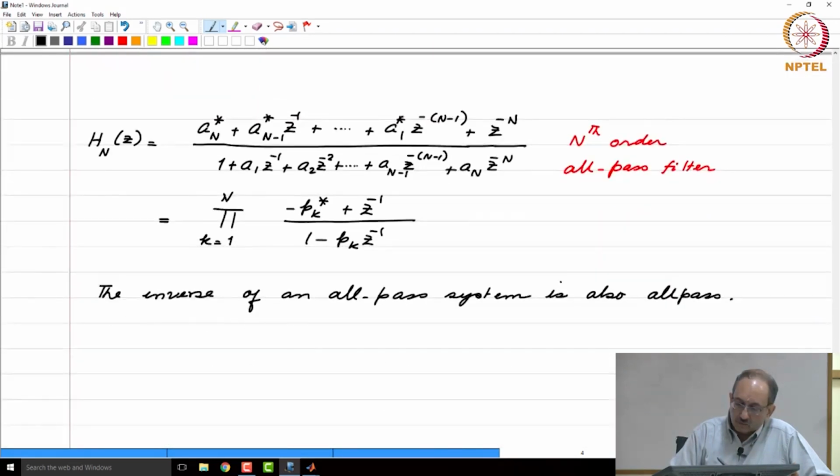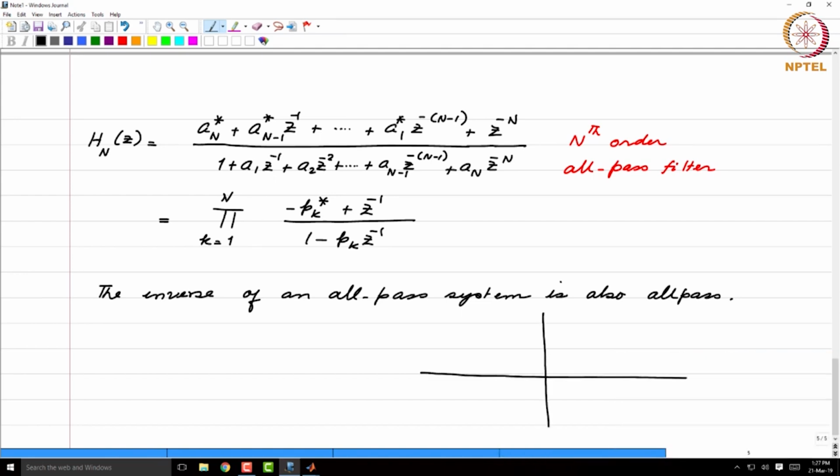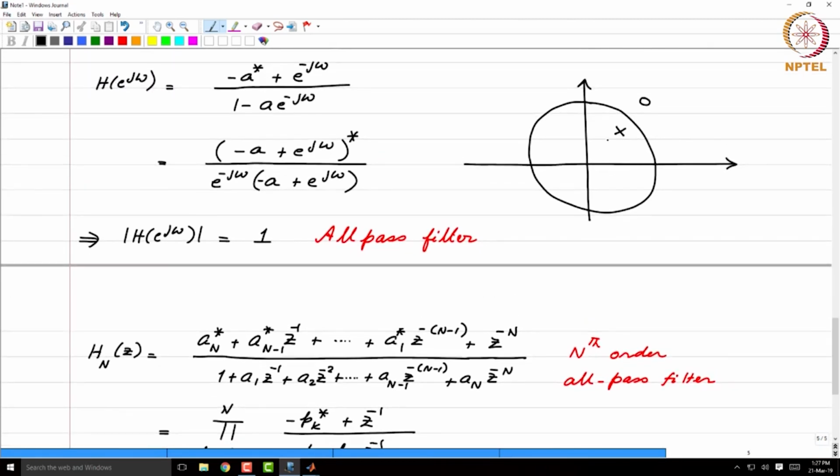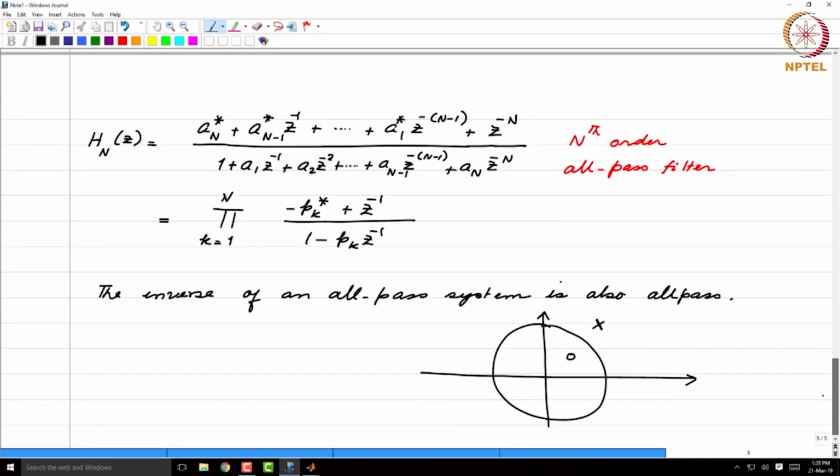And in that particular case, you will have a pole here and a 0 here, because if you take the earlier system and this were H of z, if you considered 1 over H of z, poles will become zeros, zeros will become poles. Therefore, this is how the pole 0 plot will look for a first order all pass, which is the inverse of the earlier system.